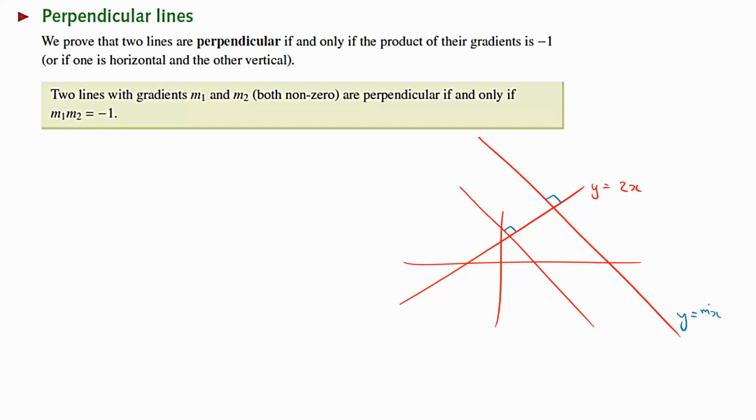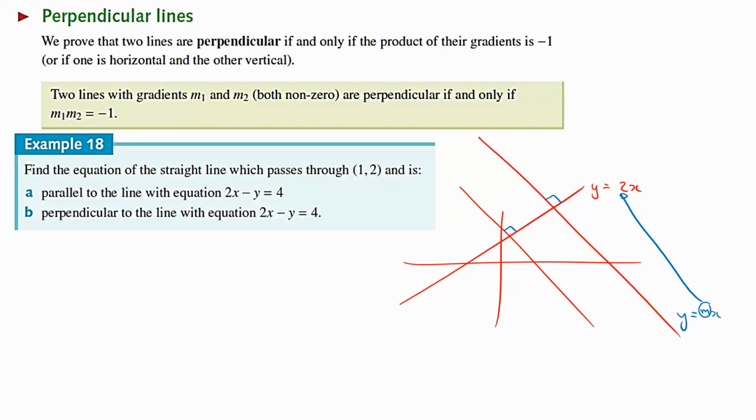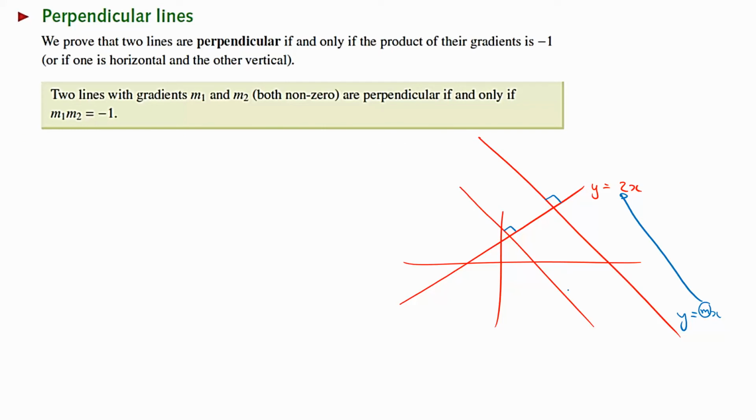The gradient has to be something that when you multiply it by this gradient, it equals -1. I'll do an example later. And same thing with this one, y equals mx. This m has to be the same as this m because they're parallel, but if they multiply with this gradient, it has to equal -1. That's what this is saying here.